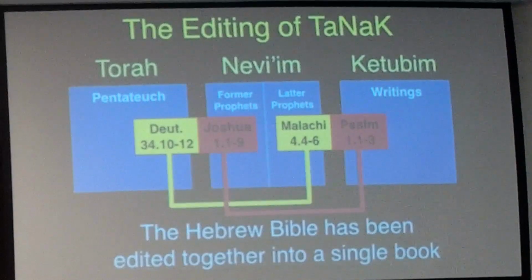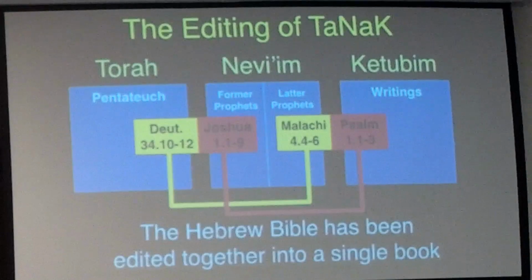So we see the Torah ends with Deuteronomy. You can turn around here with me, Deuteronomy chapter 34. Okay, we see in Deuteronomy 34 the end of Moses. Moses is buried here.